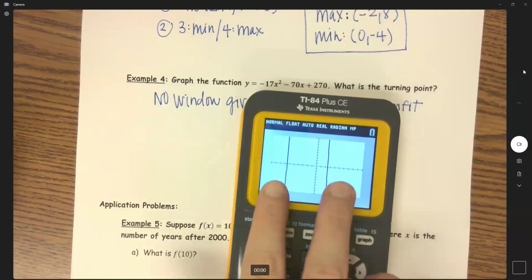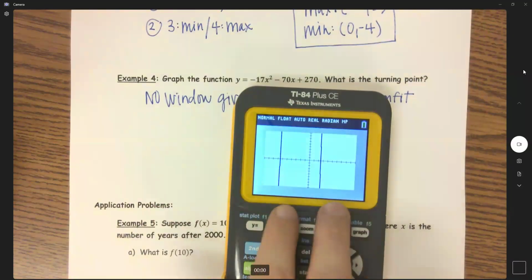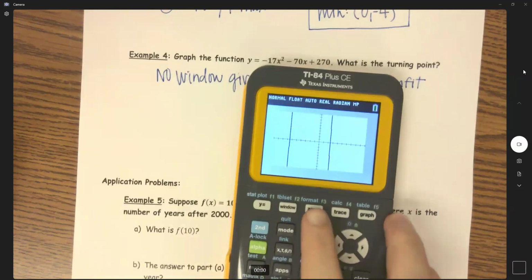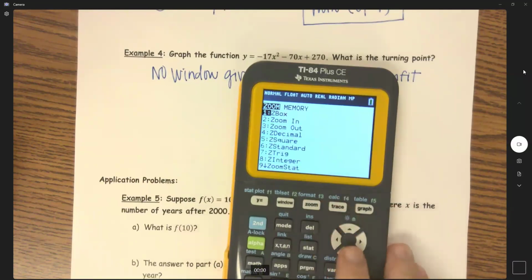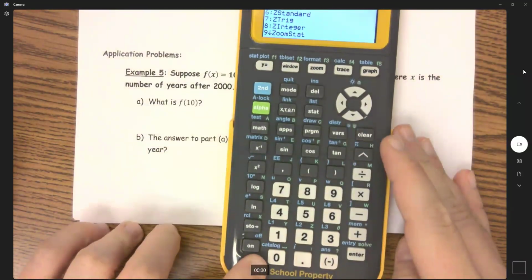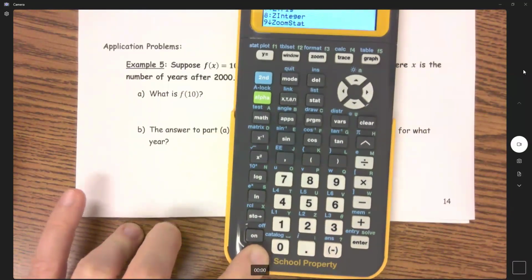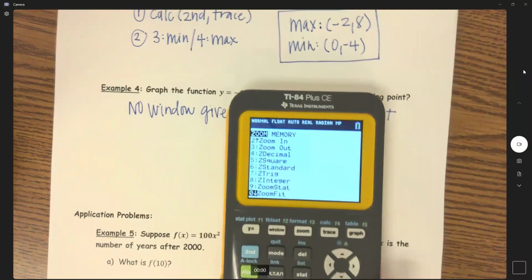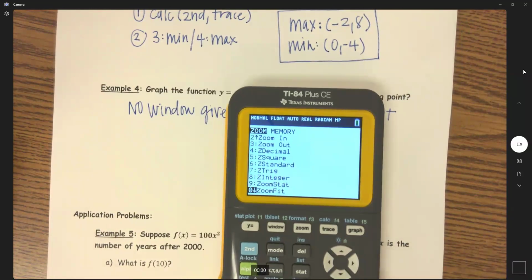Because I can see I've had those two outer sections right here, that's when the zoom 0 is going to work perfectly. If I hit zoom, and you can either just hit 0, and that's what I'm usually going to do, but I want you just to be able to see what I'm selecting here. So I'm wanting to hit that zoom 0, that zoom fit.